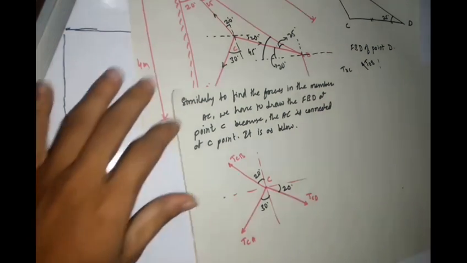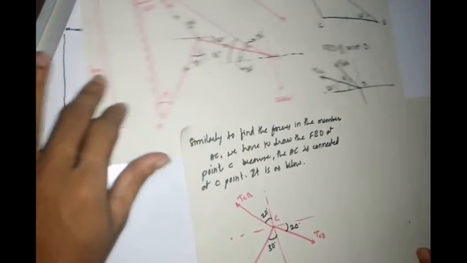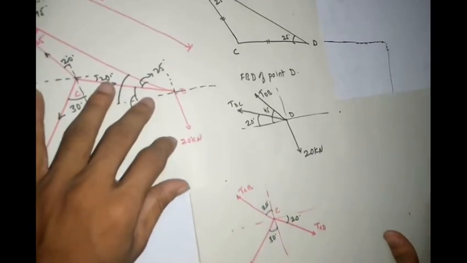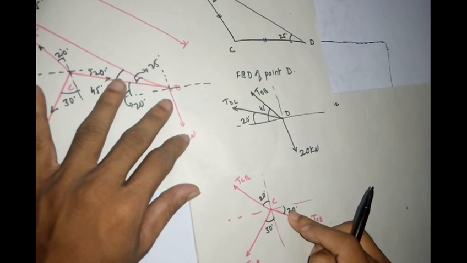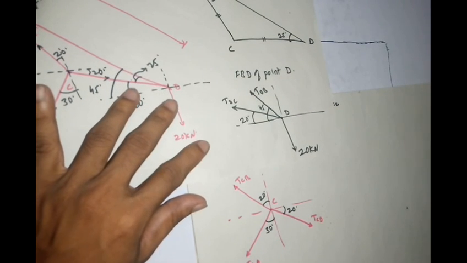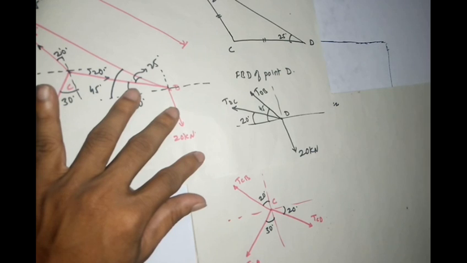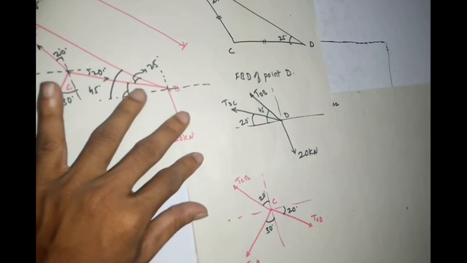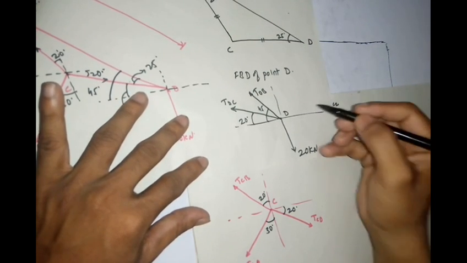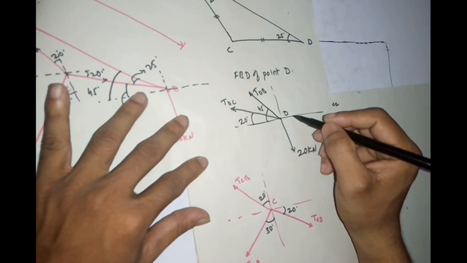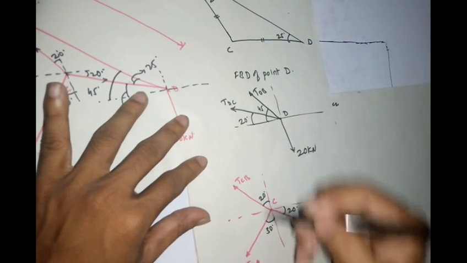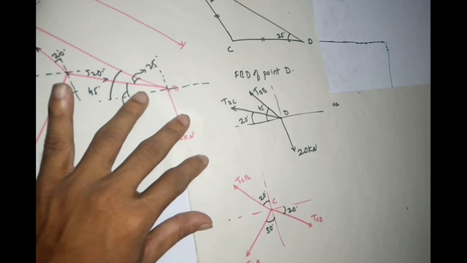Now out of these two points, D and C, which point do I have to select? That we have to decide first. I will select this point D, because point D has only 2 unknowns, whereas point C has 3 unknowns.